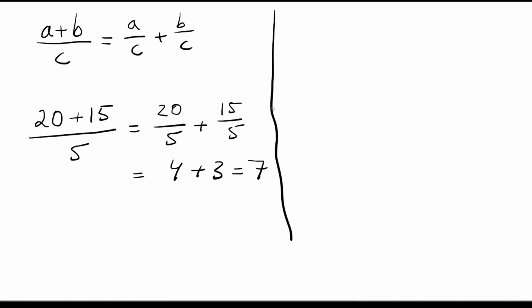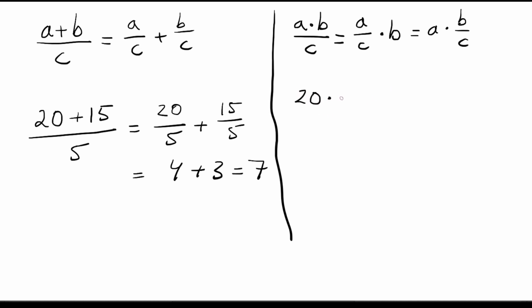This one should be compared to multiplication. If you have a times b divided by c, then only one of the numbers is divided. So either a or b, not both as in addition.